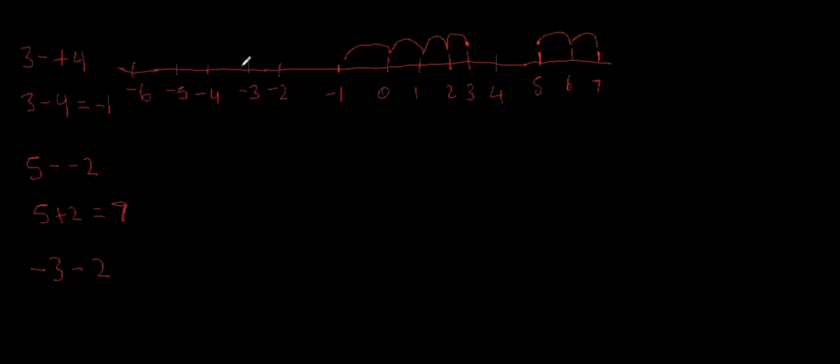If I'm at -3, which is here, and I'm taking away 2, the rule says when I'm taking away, you move to the left. So 1 space, 2 spaces. I would end up at -5, which is expected.